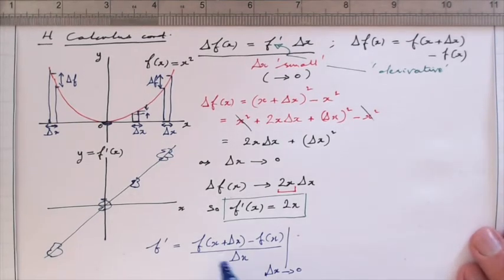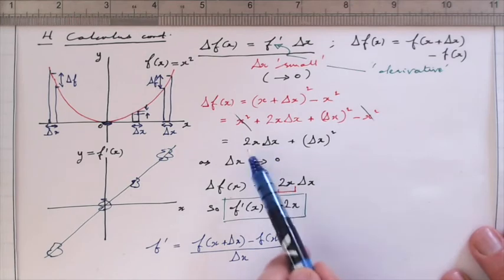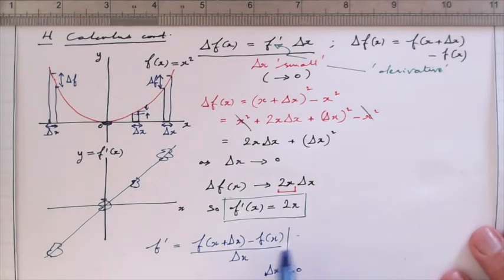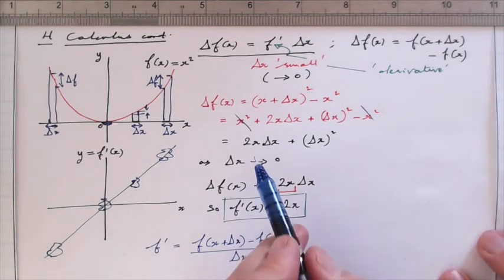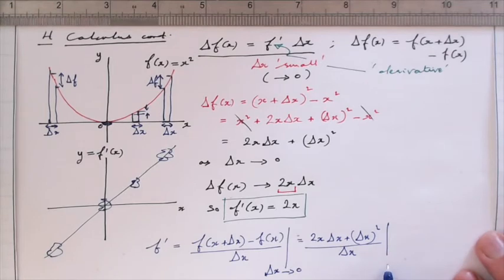So this is quite a nice way to think about it, because when we got to this step here, you see, for our particular function, we could have written that f primed was 2x delta x plus delta x all squared divided by delta x, and we want to take delta x to 0, and you see we then have 2x.